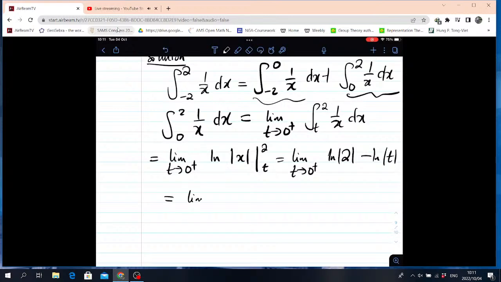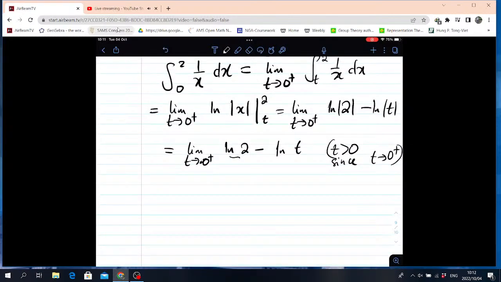We can simplify this and remove the absolute values because both of the values are going to be positive. Remember that t is greater than 0 in this case because we are approaching 0 from the right. So we are talking of positive values going to 0.